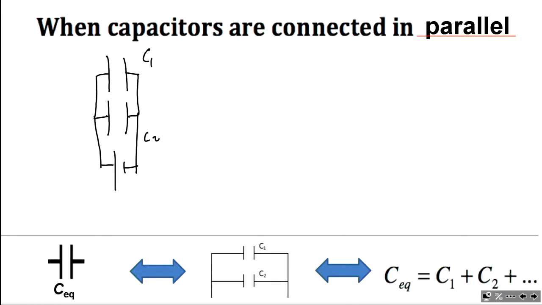See, I need an extra wire. And in parallel, of course, now charge may be different. Actually, I don't have to connect it to this plate. I can connect it directly to the battery. It doesn't make any difference.